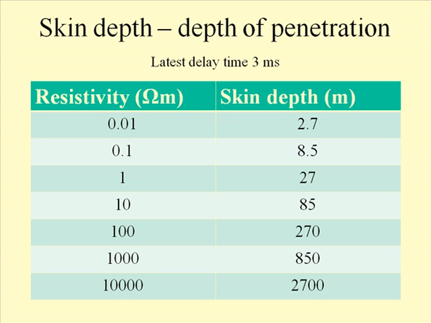You can look a little bit deeper into the ground if you go to a later delay time. The next slide shows the depth of penetration for 30 milliseconds. And on this slide you can see that the depth of penetration has increased by about a factor of 3.